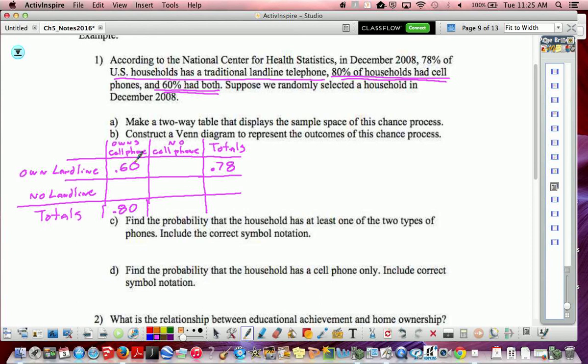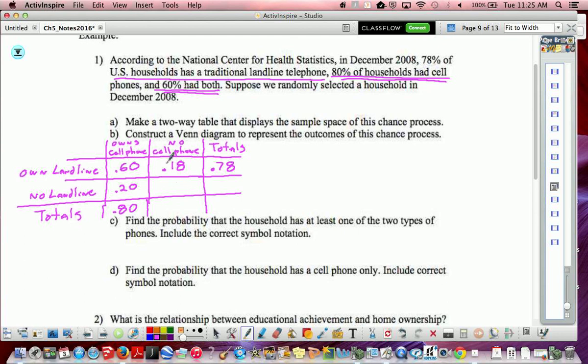60% own both. So now, from all the other information, can I figure out everything else? What has to be true about these two values? They have to add up to 80, so this should be 0.20. What should these two numbers add up to? So this is 0.18. What should all three of these numbers add up to?